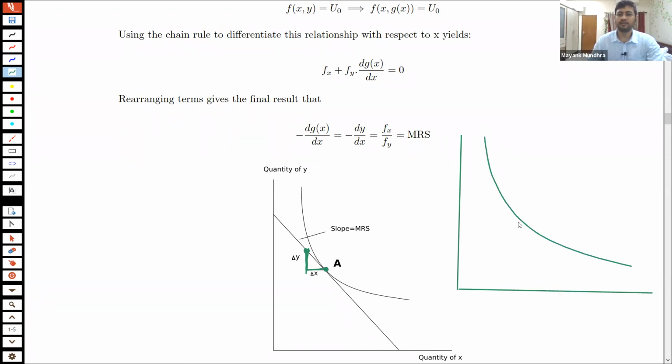Suppose this is some indifference curve that you have, and you're starting at this point. At this point, you lose this much amount of good X, but you gain this much amount of good Y. So you start off from point A, you end at point B.